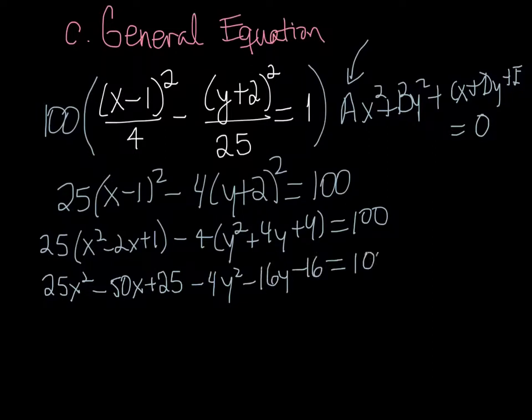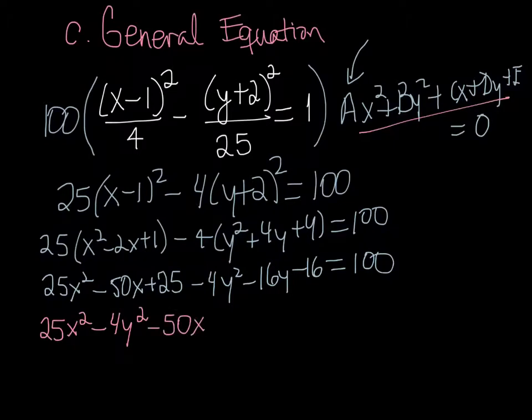Then we're going to pass this 100 to the other side of the equation. We add everything that can be added, and write this equation in this form. So we write first the 25x squared, then the minus 4y squared, then the minus 50x, then the minus 16y.